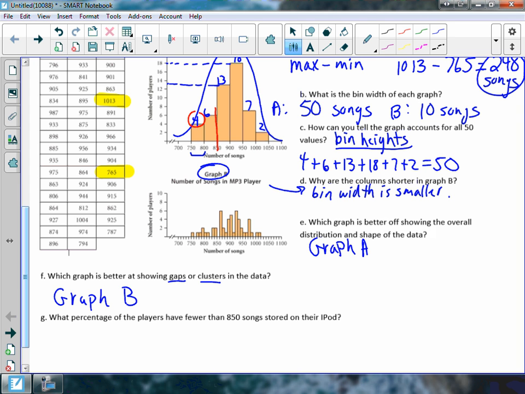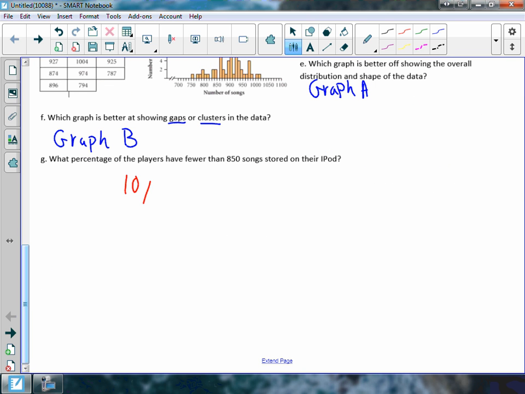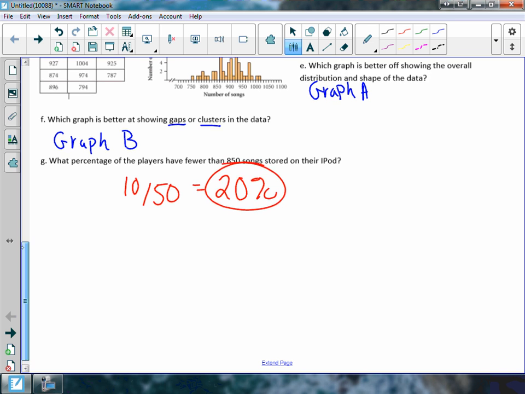So it looks like we have a total of 10 out of 50 students who have 850 songs or fewer on their iPad. Just divide that out, and you'll get your final total percentage. A quick analysis of two different histograms, and hopefully you can see the main difference between both of them.